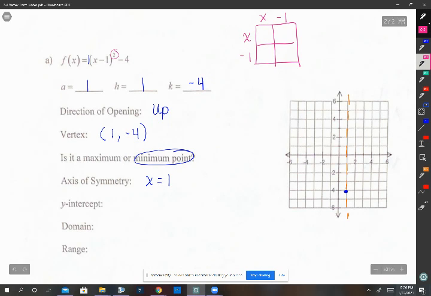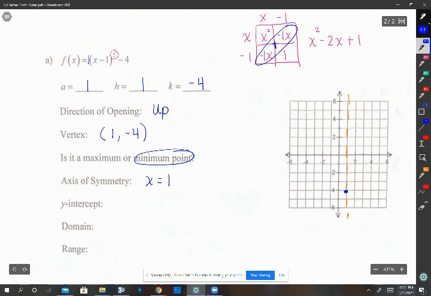So x times x is x squared. x times -1, -1x. -1 times x, -1x. -1 times -1, +1. So when we solve, we get x squared minus 2x plus 1, by combining these two and adding them together.